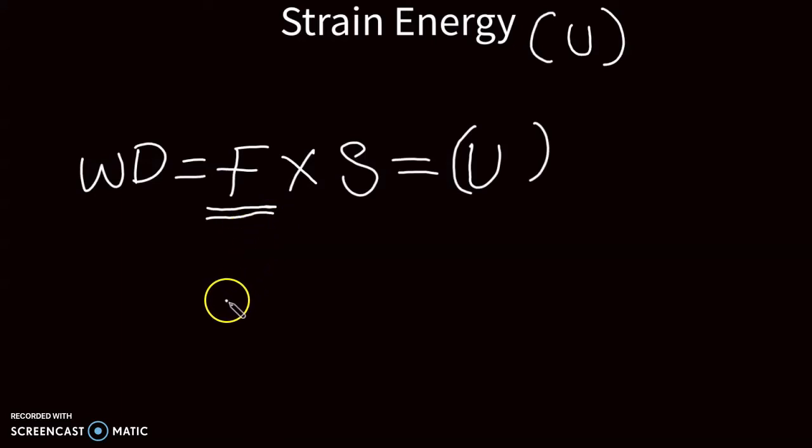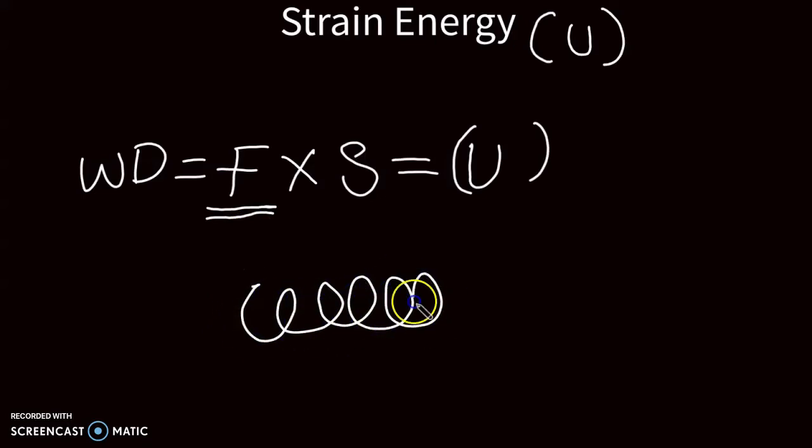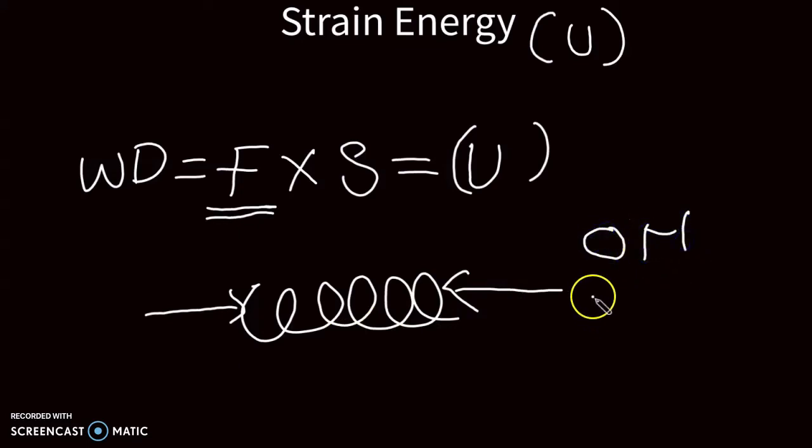To explain that, we are going to look at the example of a spring. We are having a spring and we are trying to compress this spring. As we are starting, the force that we are applying to the spring is currently 0 Newton. This will be the force at the beginning. We keep applying force.